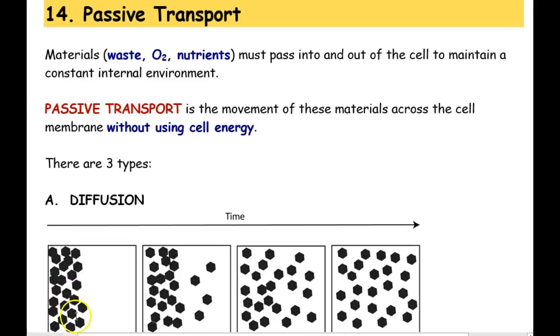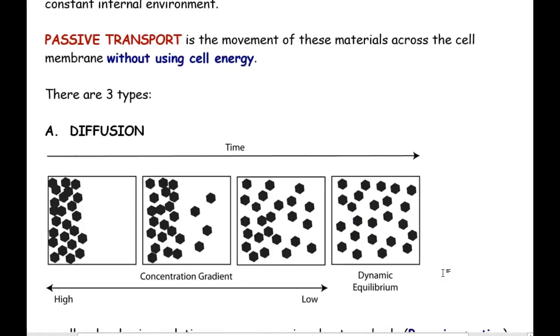Those molecules are going to bounce off of each other, and they're going to want to move away from each other. Slowly over time, we see that the molecules end up spreading out very evenly in their given amount of space, right? So they move from what we call a high concentration to a low concentration.